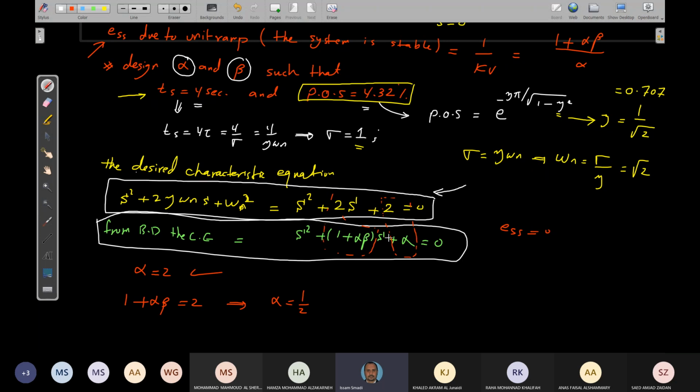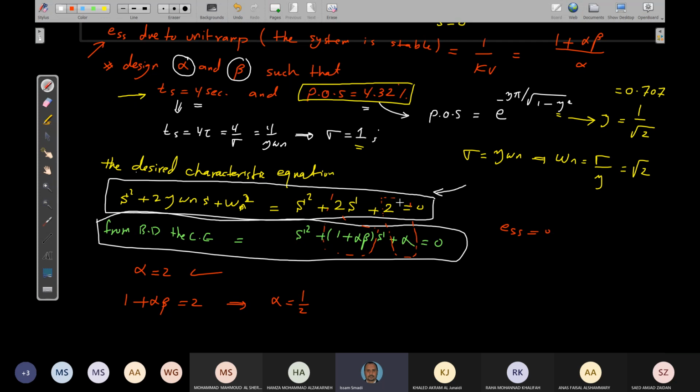Why? Because you know that I need two equations to solve two unknowns, and those equations must be independent. So simply, if I'm giving you a value for the steady state error due to ramp, yes, you can use it, of course. But simply here, if I find the characteristic equation, then it's a piece of cake, cheesecake actually.